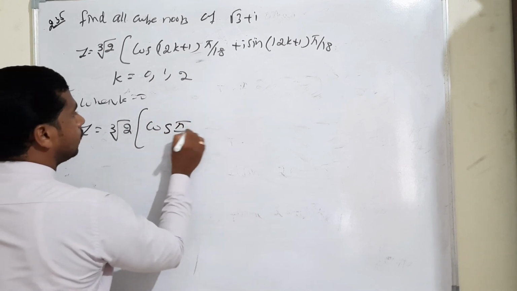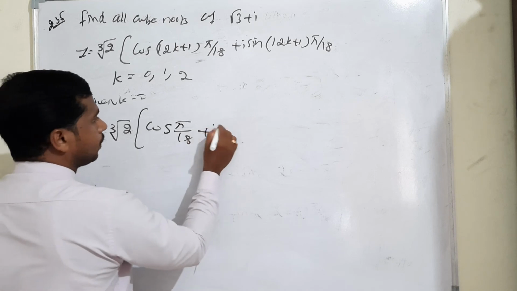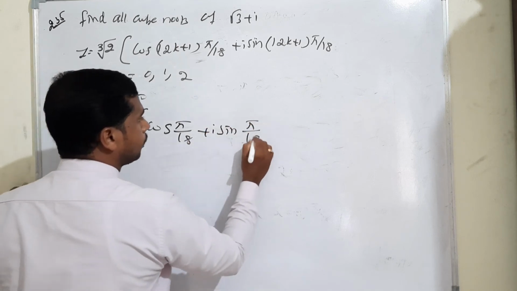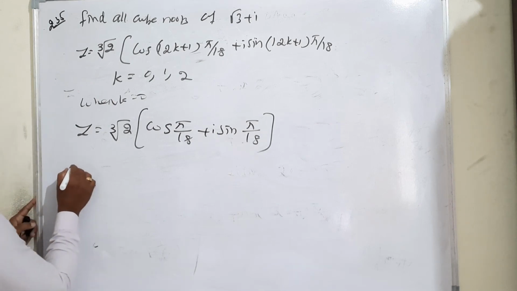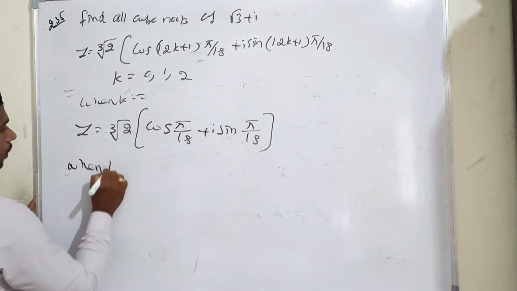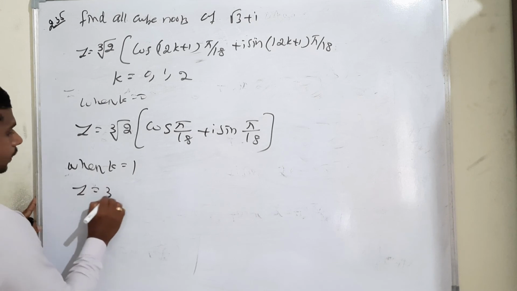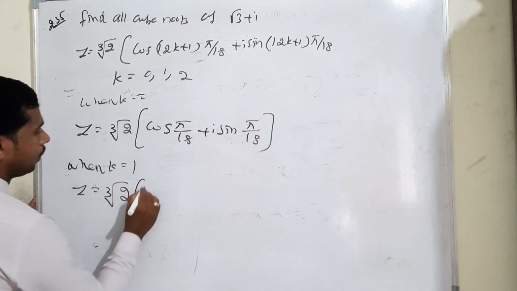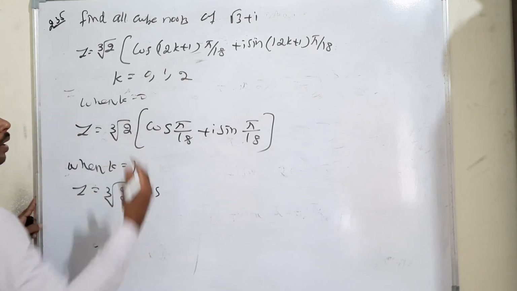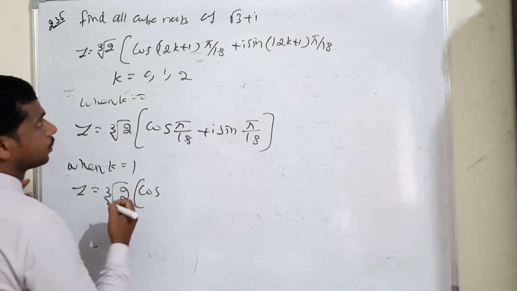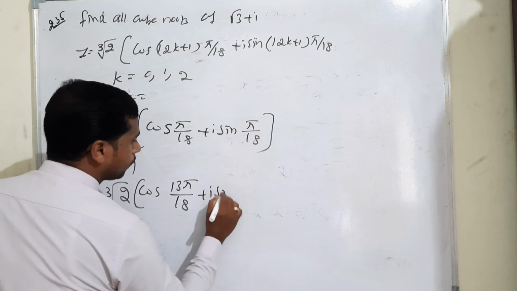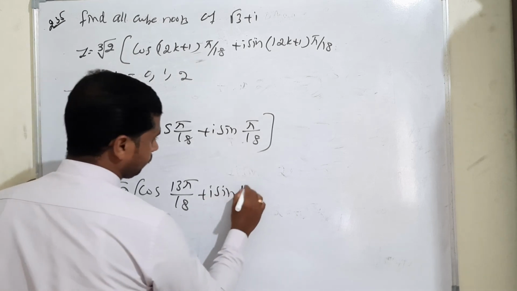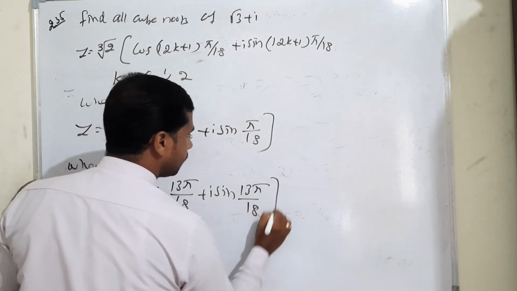So cos pi by 18 plus i sin pi by 18. Next, when k is equal to 1, z is equal to cube root of 2, cos of 12 into 1 is 12, 12 plus 1 is equal to 13. So 13 pi by 18 plus i sin 13 pi by 18.